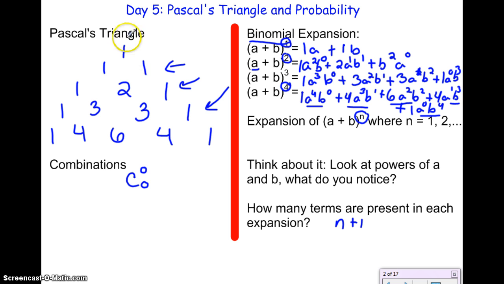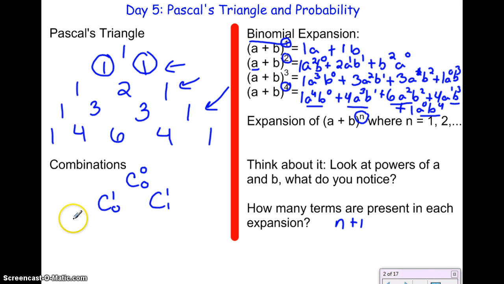There's only one way to choose 0 out of 0. So if we, again, go to the second row, we now have 1 and we're choosing 0, or we have 1 and we're choosing 1. Again, if you have one item and you're choosing none of them, there's only one way to do it, which corresponds to this one up here. And if you have one item and you choose one item, there's only one way to do it.